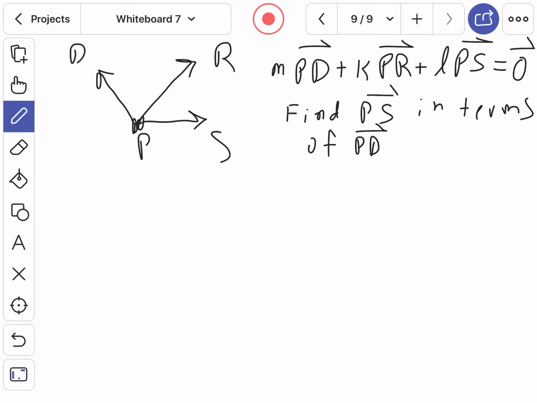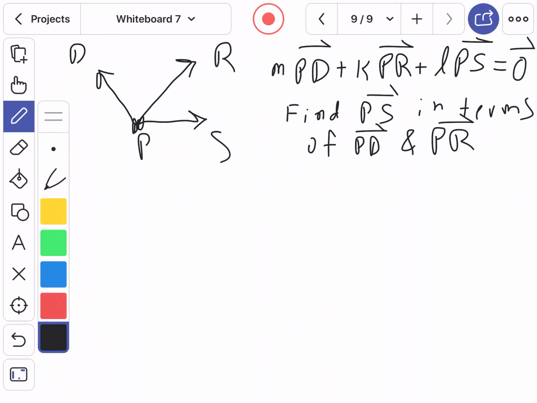Those would be the other two vectors, right? So what we can do then is basically subtract M PD and K PR to the other side to get PS.